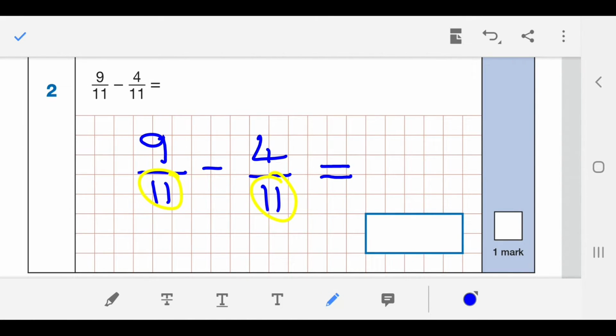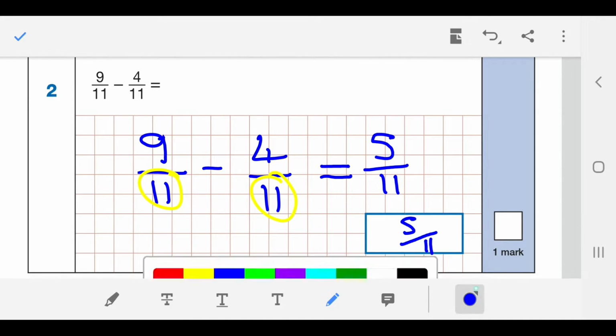So 9 elevenths minus 4 elevenths equals 9 minus 4, which is 5 over 11. So the final answer will be 5 elevenths.